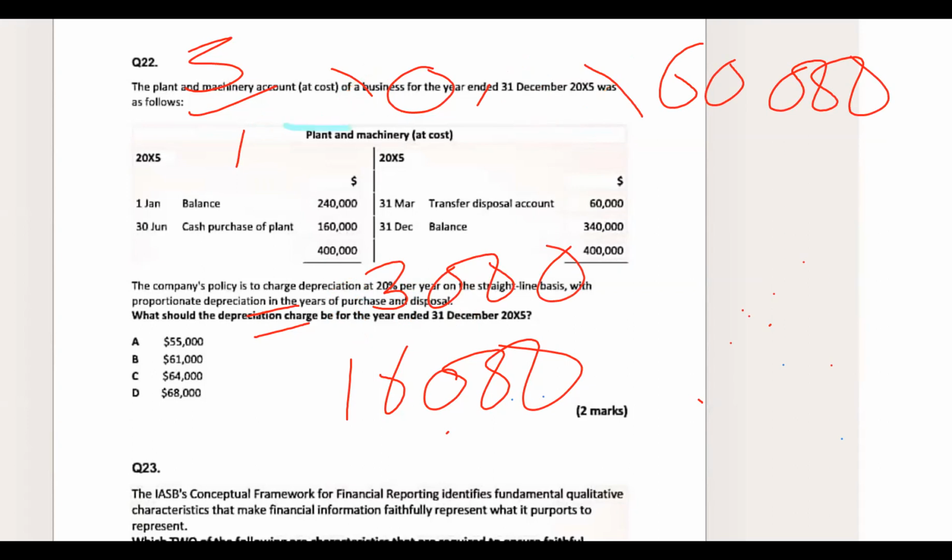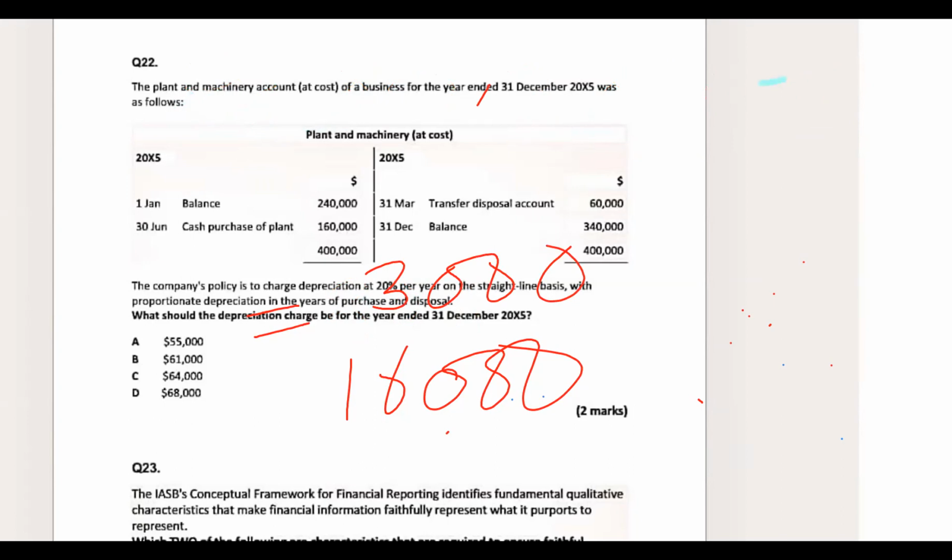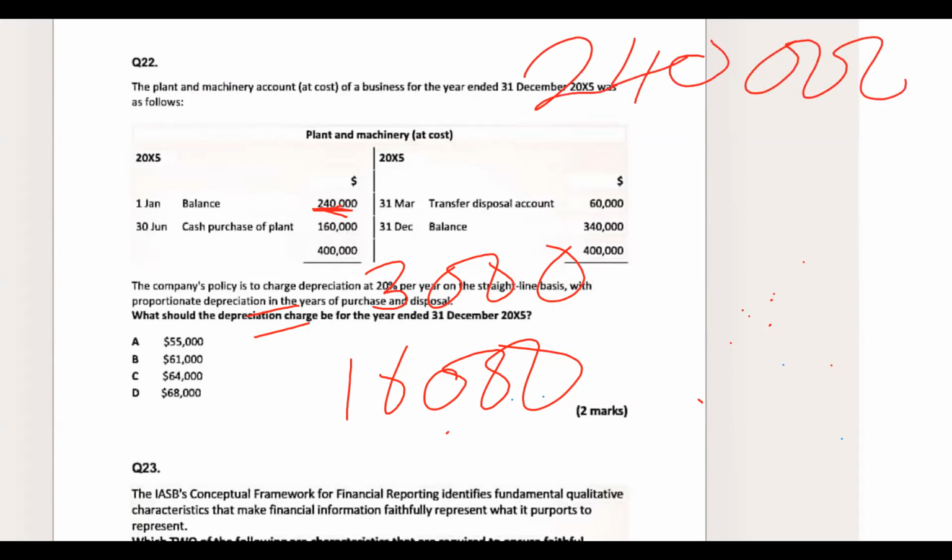Then there was this asset that had the full period, from the time you got it. That's the balance brought down. Let me explain clearly. This opening balance, the one you brought from the previous period, you should subtract this transfer disposal account.